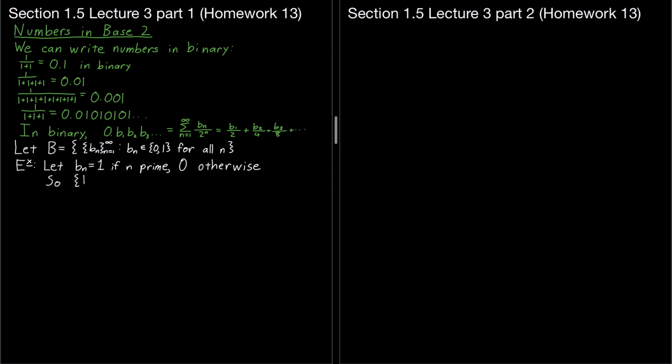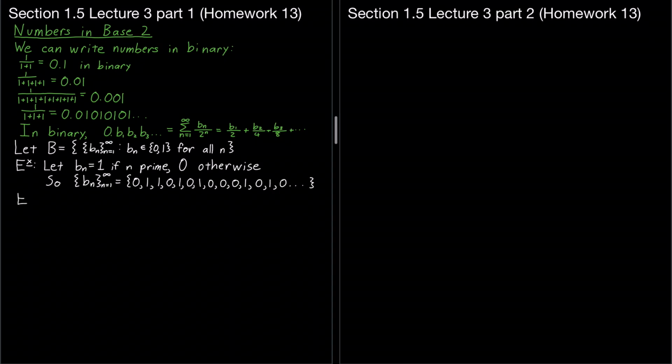So in this case, the sequence of Bn's is 0 because 1 is not prime, 2 is prime, 3 is prime, 4 is composite, 5 is prime, 6 is composite, 7 is prime, 8 is composite, 9 is composite, 10 is composite, 11 is prime, 12 is composite, 13 is prime, 14 is composite, and so on. So that's an example of what I mean by a binary sequence.